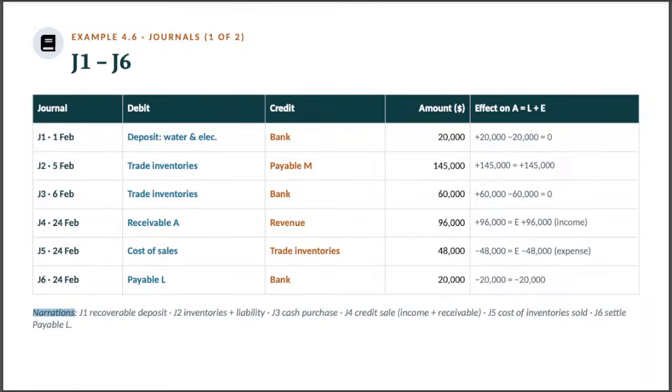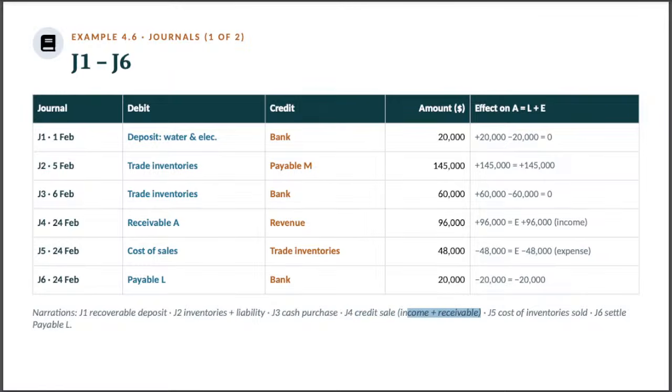So here's our narrations. J1's a recoverable deposit. So that's what we let them know here. J2 is inventories plus liability. There it is, inventories plus liabilities. And J3 is cash purchases. We have here trade inventories from the bank, cash, makes sense.